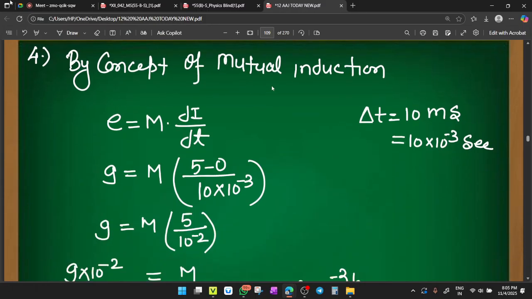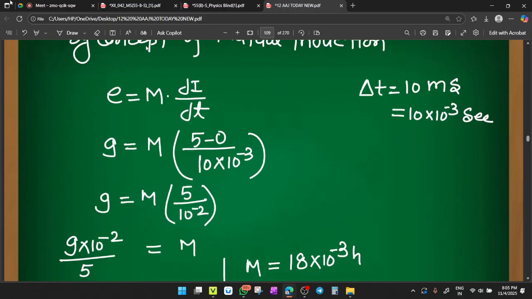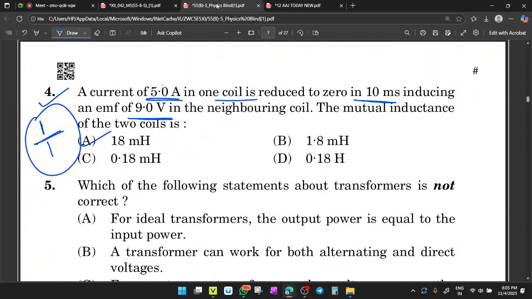By the concept of mutual induction, we have the formula E equals M di by dt, right? The current is changing from 5 ampere to 0. Clear? In 10 millisecond.